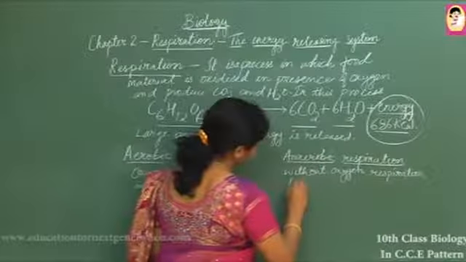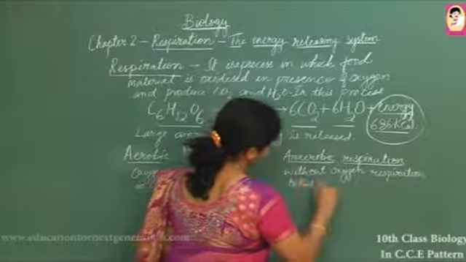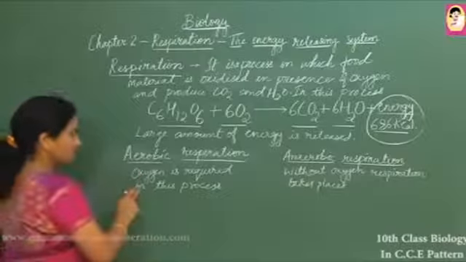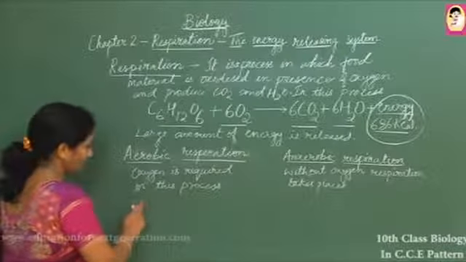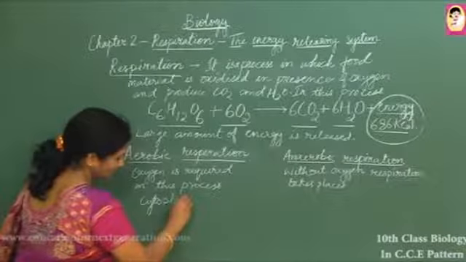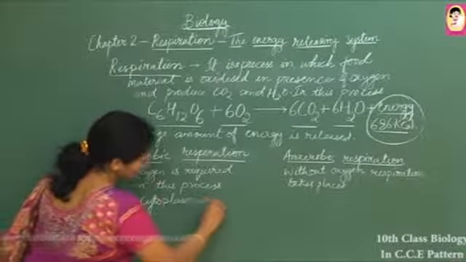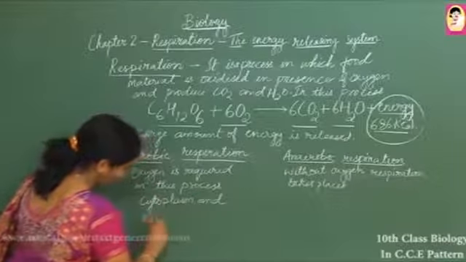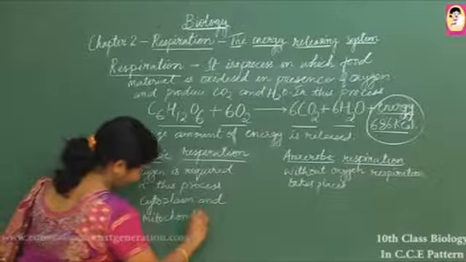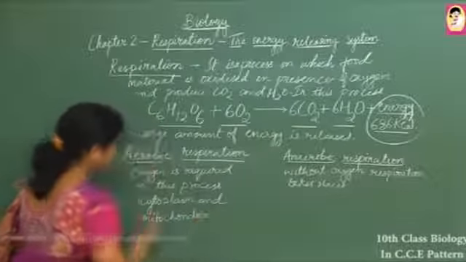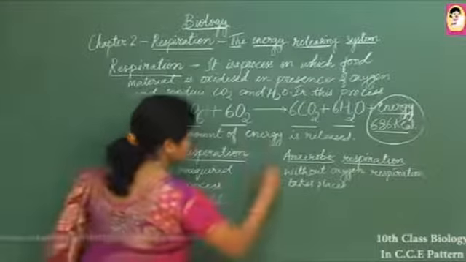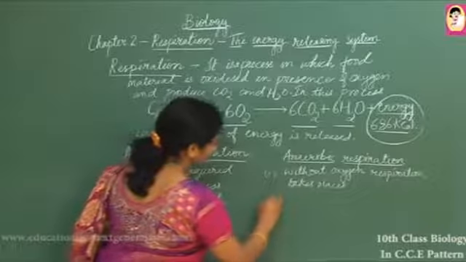Now where does respiration take place? Aerobic respiration occurs in the cytoplasm of a cell and the mitochondria.